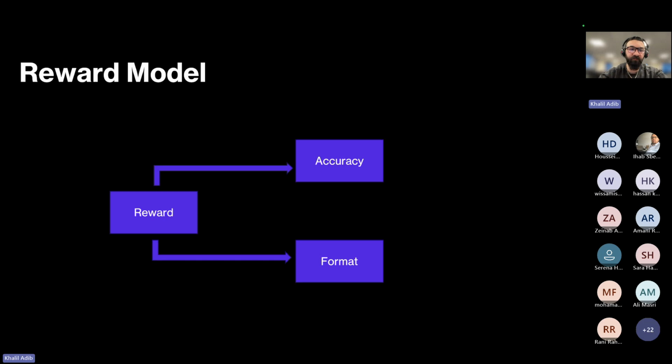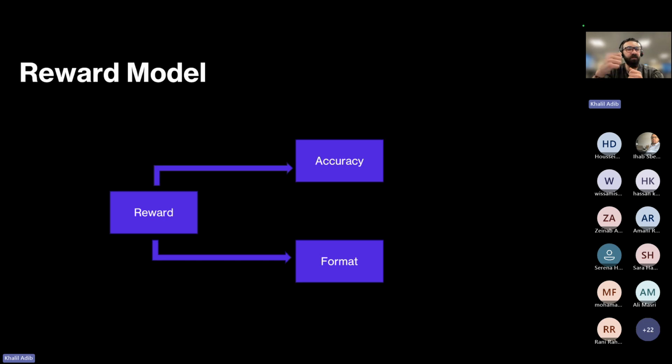The second one is the format. So when the LLM is solving the problem, they force the LLM to use the correct math equations in place. And after DeepSeek R1-Zero, they put in a new reward for consistency, which means if the user asks in English, you have to always answer in English. So they give a reward for that as well.